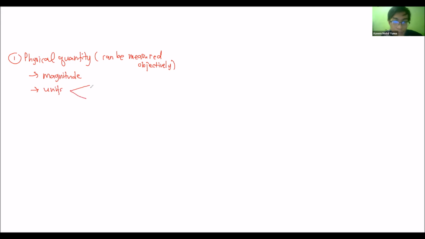We talked about units before. Basically, we have two types of units, metric and imperial.